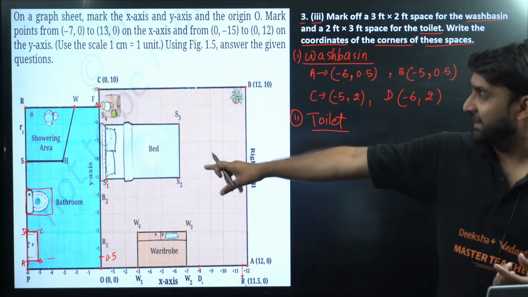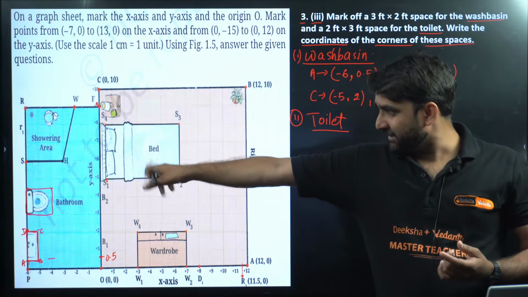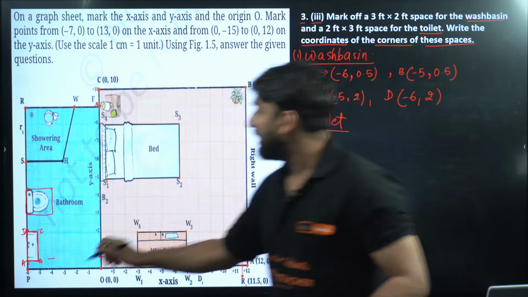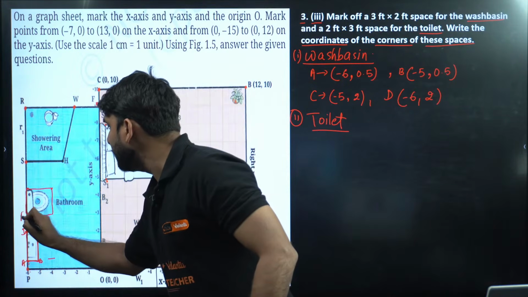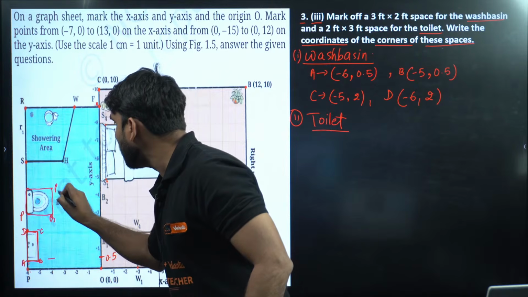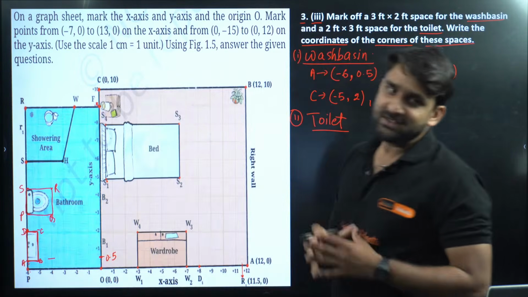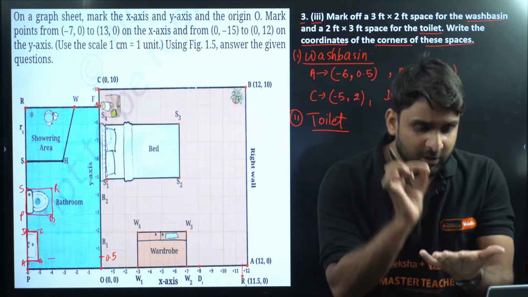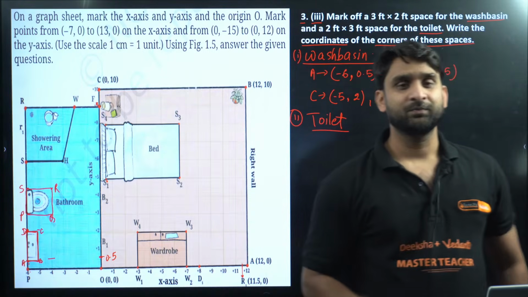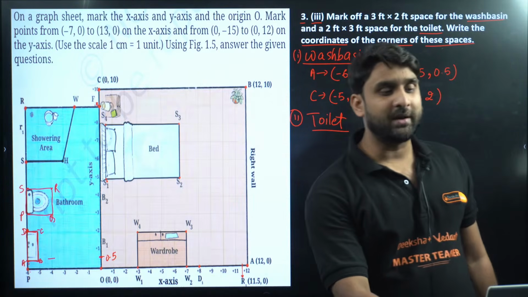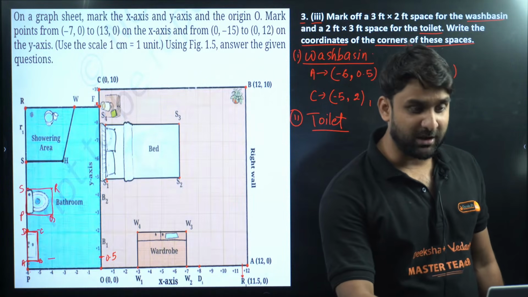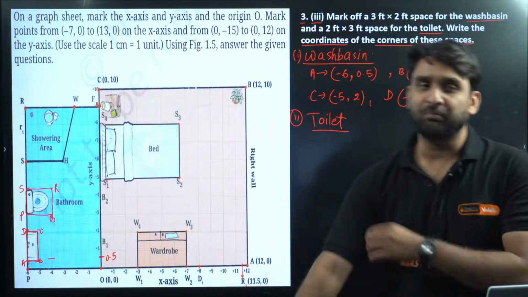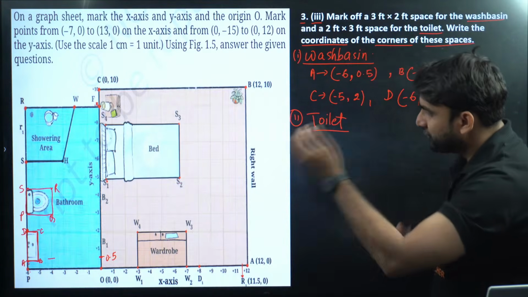That is the red highlighted area, and we need to write the coordinates for that. So let's mark P, Q, R, and S. Yes, this is the question. We have to write down the coordinates for P, Q, R, and S. Please write it down in the chat section. Who can give me now? Everything is clear. Now you have to write down the coordinates of P, Q, R, S. So let's write. First P.